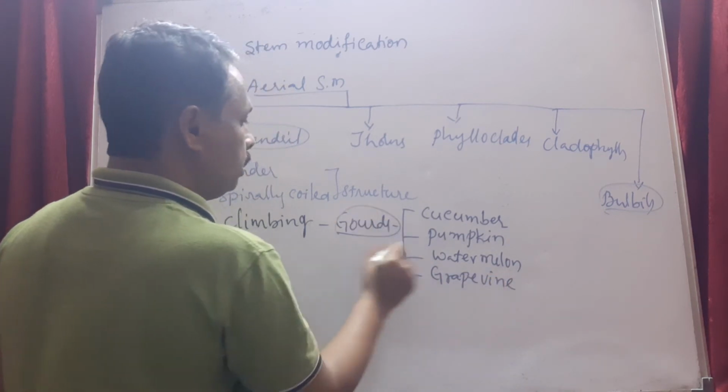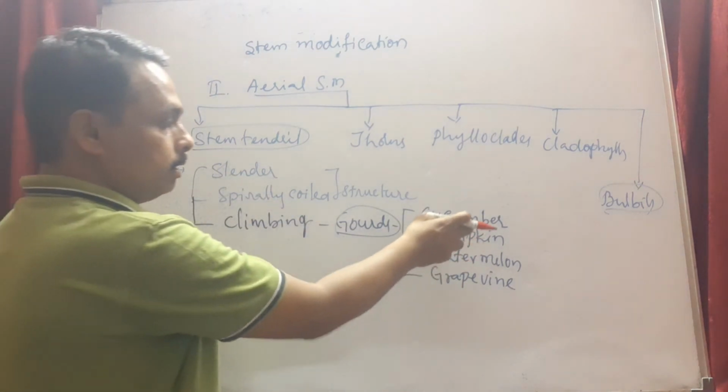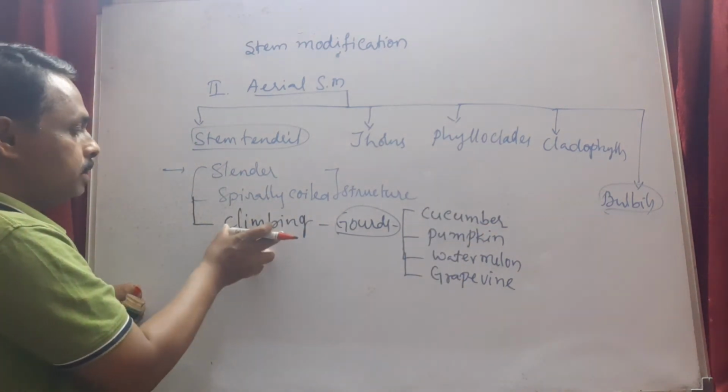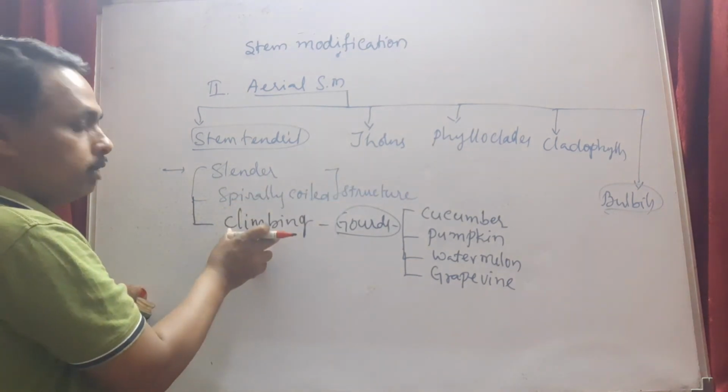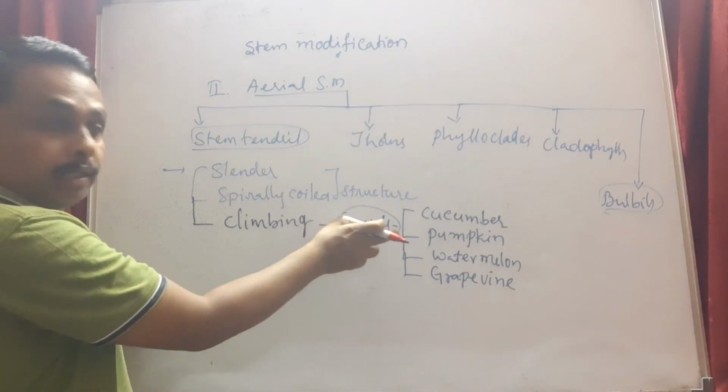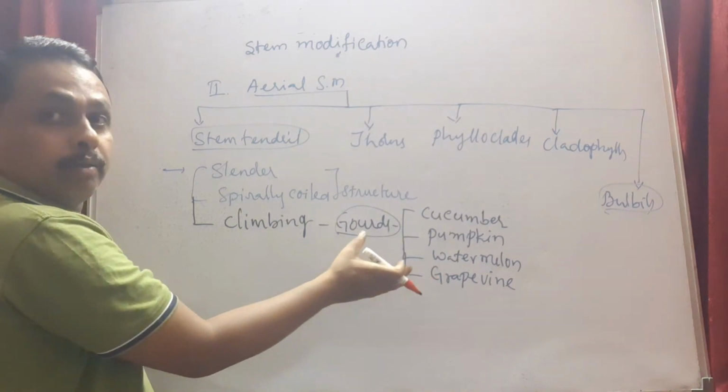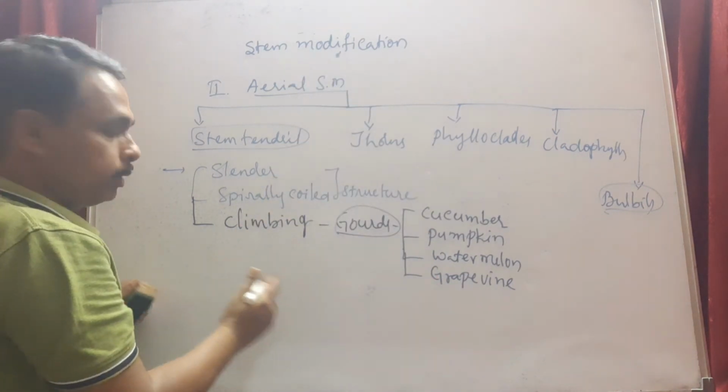These are the weak stem plants. In these weak stem plants, there is a slender, spirally coiled structure which helps for climbing up to any support.